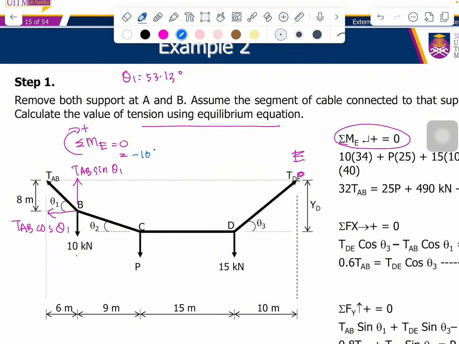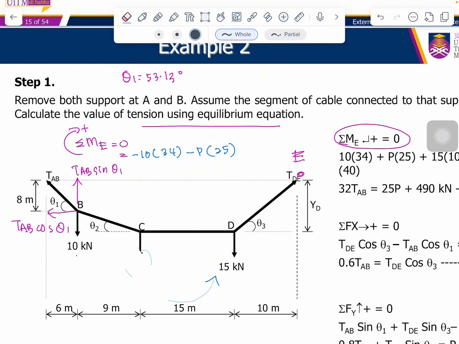So minus 10 kilonewton times the horizontal distance from B to E, so 9 plus 15 plus 10, which is 34. So minus 10 times 34. And then for P, which also rotates anticlockwise about E, minus P times the horizontal distance from C to E, or 25 meter. Negative P times 25.